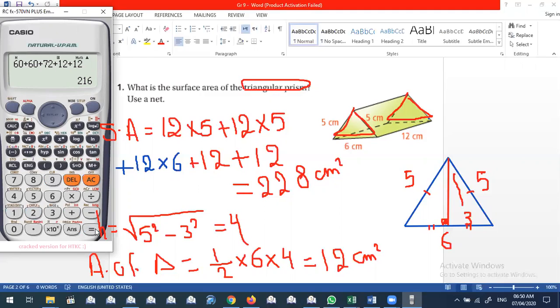The final answer is 216, not 228. So I have to erase this answer, and the answer will be 216 centimeter square.